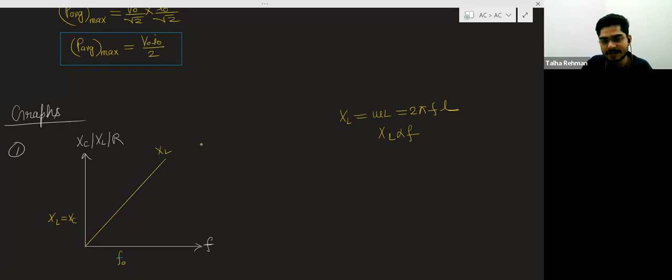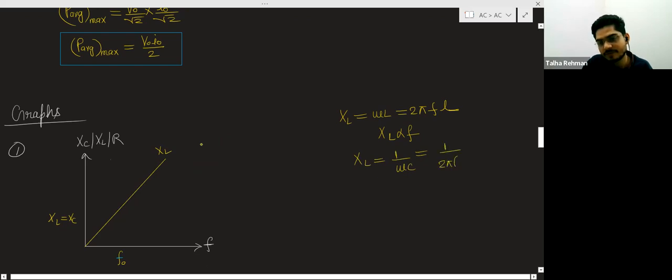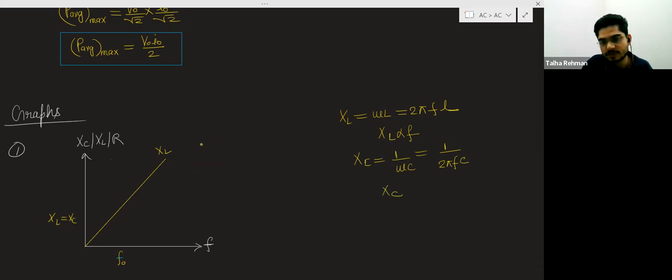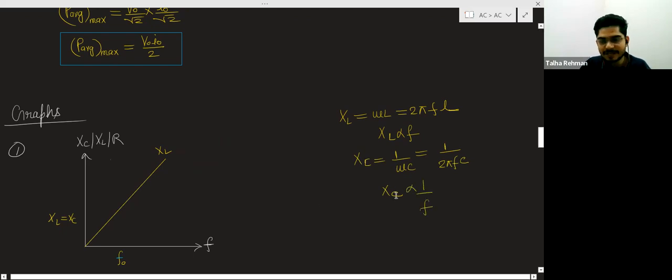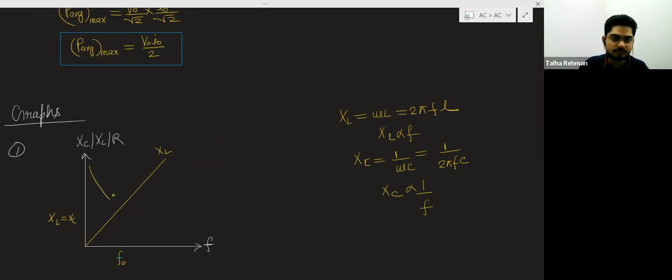Now for XC, you can write 1 upon omega C, and omega is 2 pi into F, so XC is 1 upon 2 pi F C. So XC is inversely proportional to frequency. For the graph of XC, you will get this type of graph. It is very difficult to draw this graph with this pen.